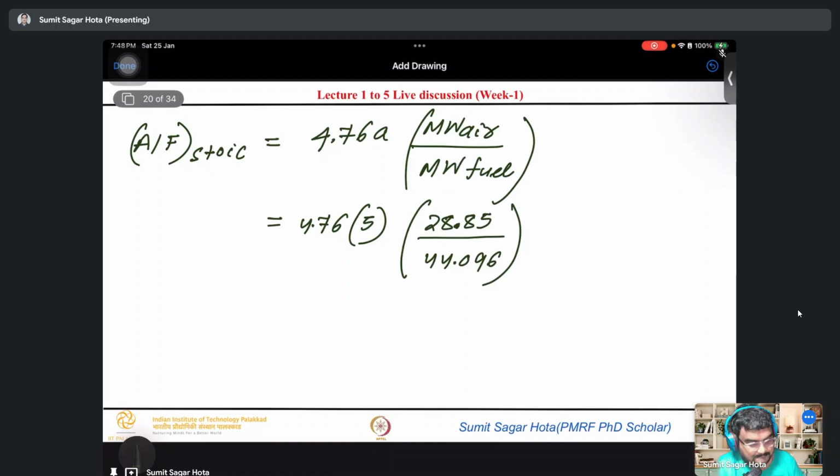To solve it, we will get air fuel ratio 15.6.